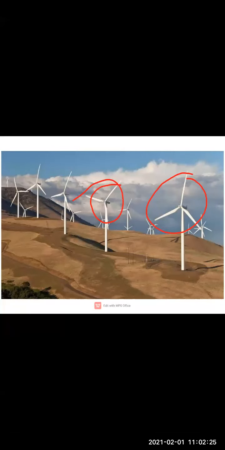This kinetic energy is further converted into electricity. This electricity is used for agriculture, for domestic use, and also in industries. We can use this electricity for various purposes.